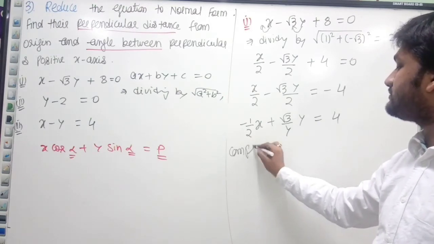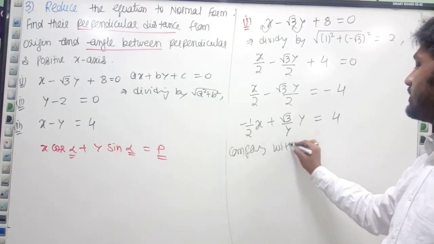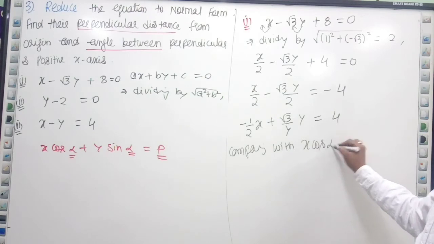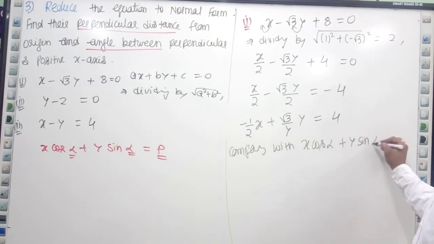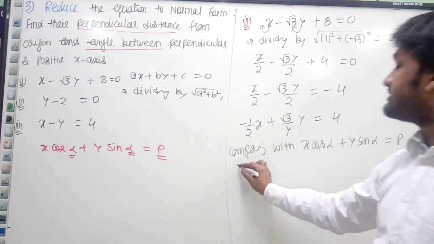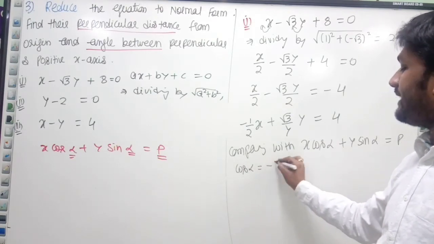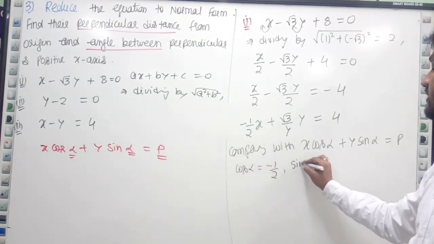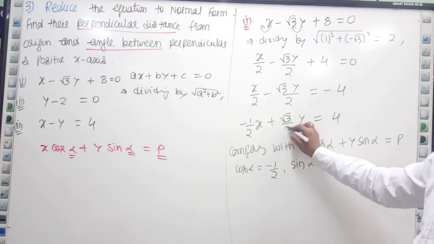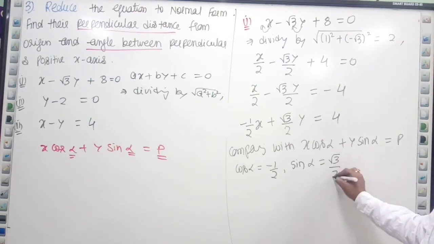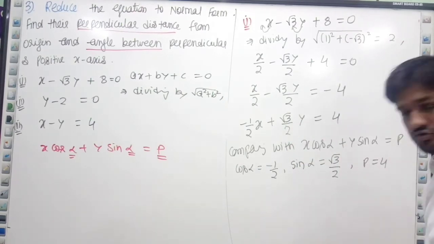Comparing with x cos alpha plus y sin alpha equal to p, I can say cos alpha is minus 1 by 2, sin alpha is root 3 by 2, and this p is equal to 4.